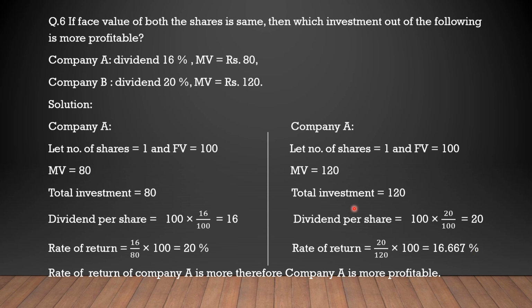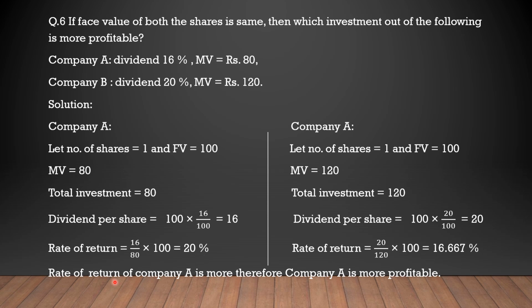So here for company A, rate of return is 20% and for company B, rate of return is equal to 16.667%. So rate of return of company A is greater than rate of return of company B. 20 is greater than 16.667.